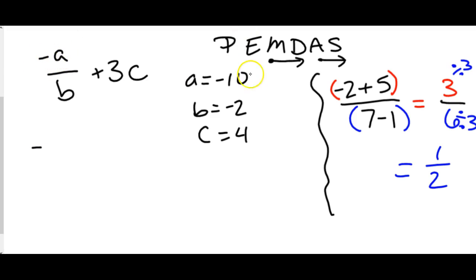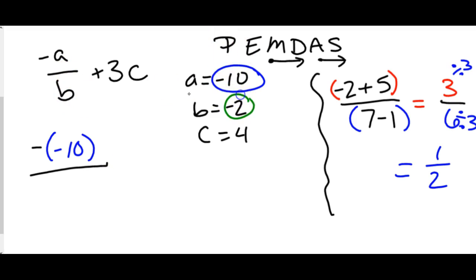A is also negative, so this negative 10, we're going to put in parentheses, divided by, from the expression, B is negative 2. Since it's a negative sign, let's also put that in parentheses, plus 3, and then C is 4, so 3 times 4.